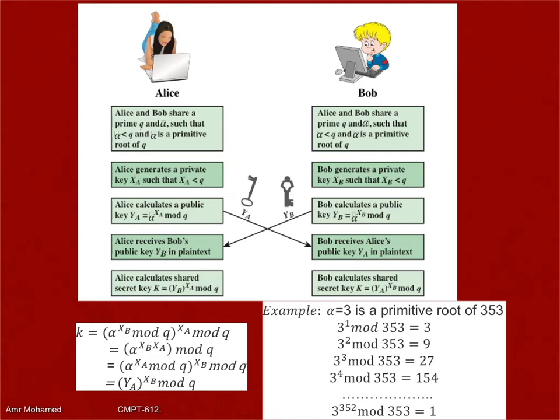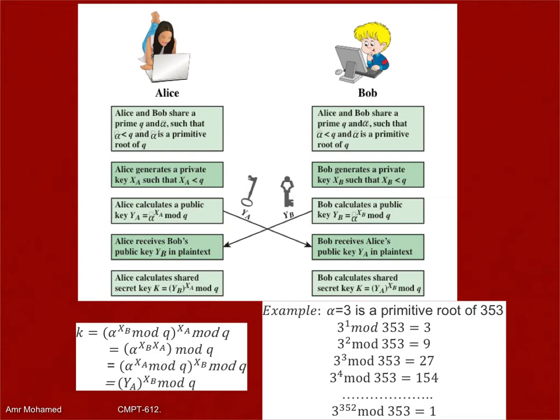So Alice selects any arbitrary XA, such that XA is less than Q, because we said that it has to be less than Q for alpha to be a primitive root of Q. And then we achieve Y. Y is alpha to the power X mod Q, which is YA. So YA is based on XA.